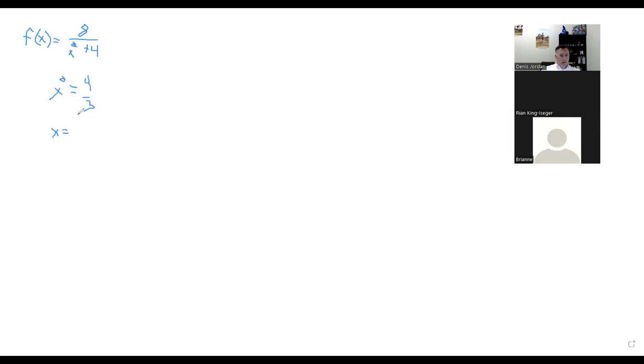And for my second derivative, I got 16 times 3x squared minus 4 over x squared plus 4 to the third. Then you set that to 0, and x equals plus or minus 2 square root 3 over 3.